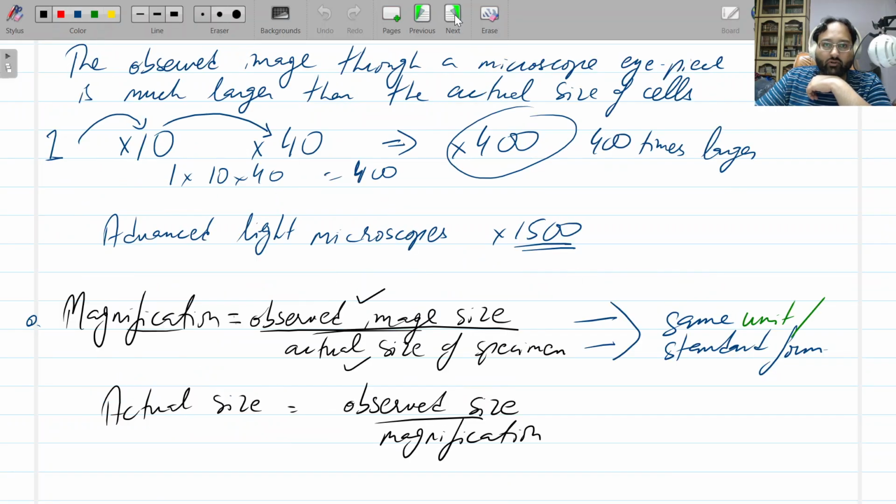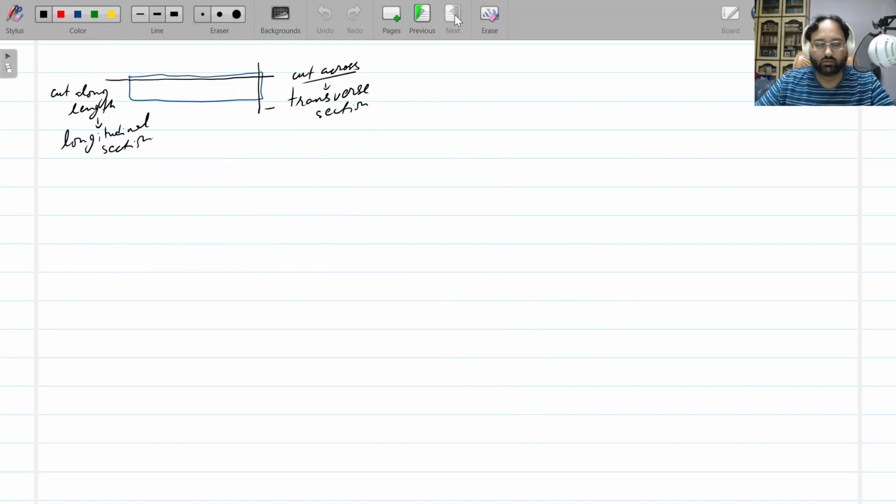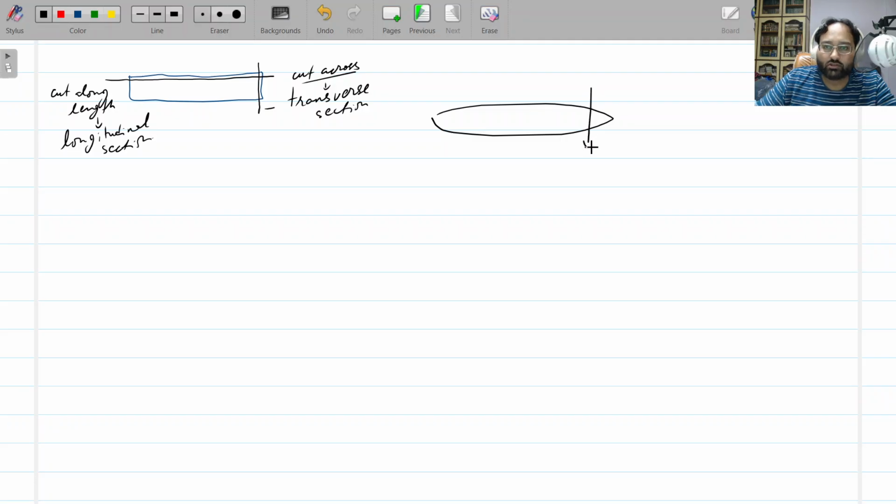For example, you've got a cucumber. A cucumber is obviously a long piece. You've seen cucumbers. If you're cutting it transverse, you're going to get the round slices. But if you're cutting it like this, you're going to get longer slices. And if you've ever observed, they look different.